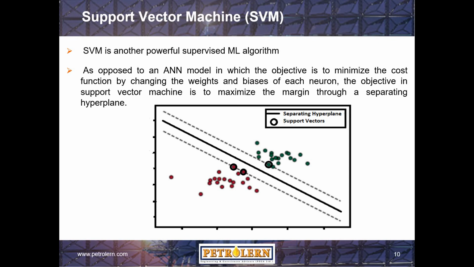So support vector machine is basically a powerful supervised machine learning algorithm, okay? And the idea in support vector machine is to maximize the margin through a separating hyperplane. I can explain this in this picture.